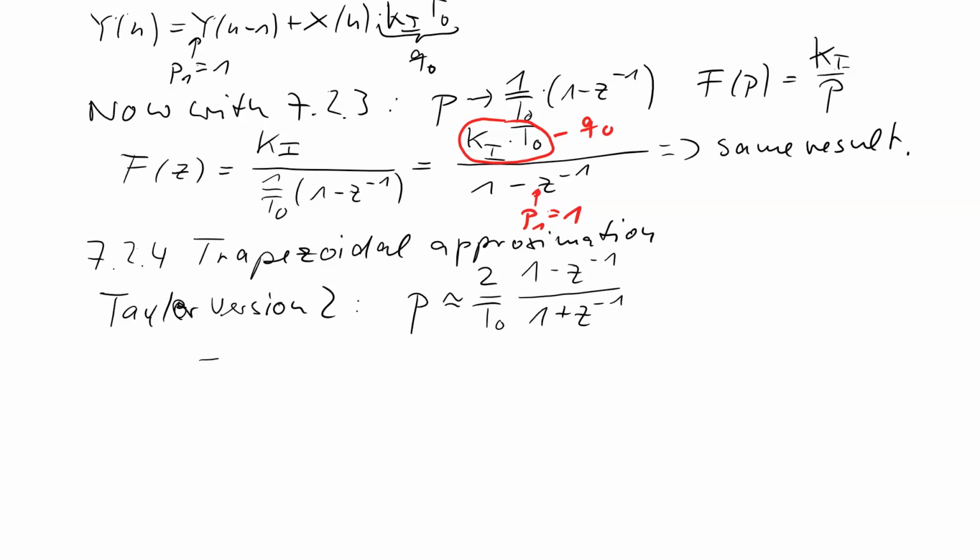This is in literature called, there are different names, called bilinear transformation. You can find, if you Google this, bilinear transformation.